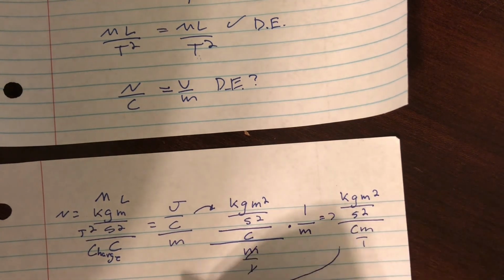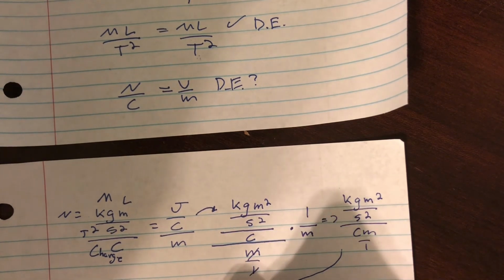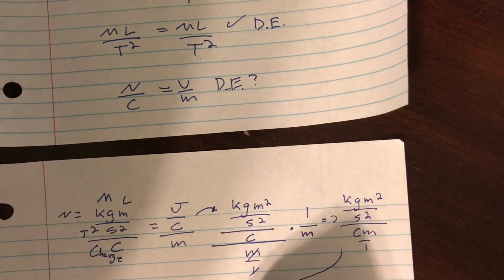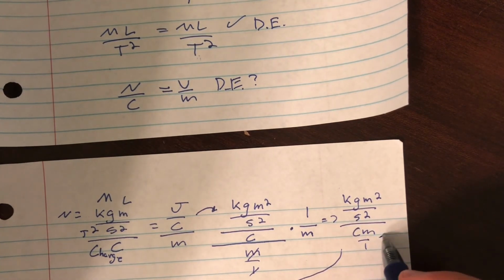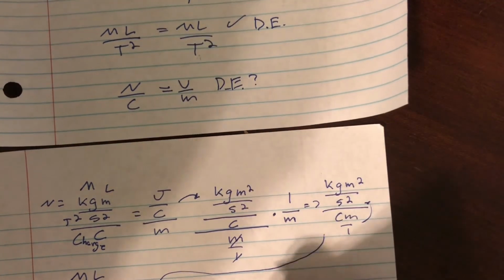I'll bring this down here, and we'll do a little bit more to get it fully simplified. Kilogram meter squared per second squared times Coulomb meter, because we just flip this guy up. We do the little dot thingy.